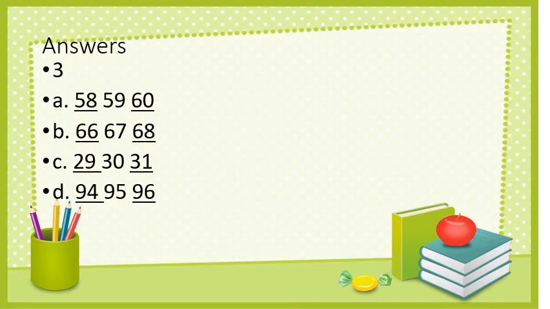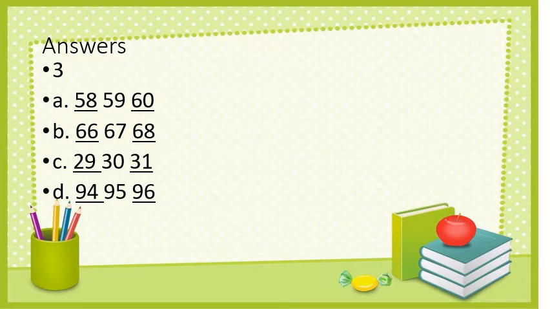Now children, question third. What comes before and after? Children, here a number is given and you have to find out the before number and after number. So look at the first part. The number is 59. So children, tell me what comes before 59? Yes, 58.